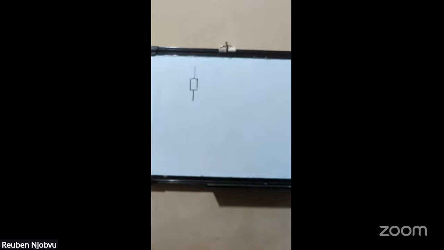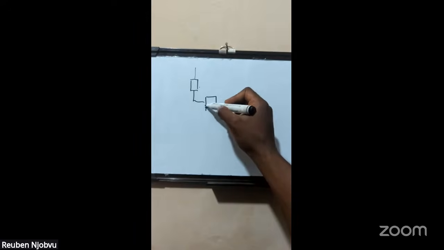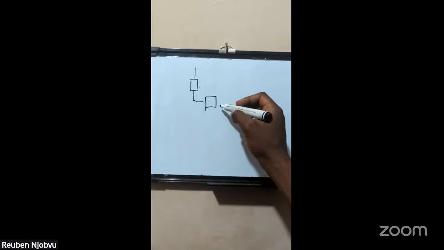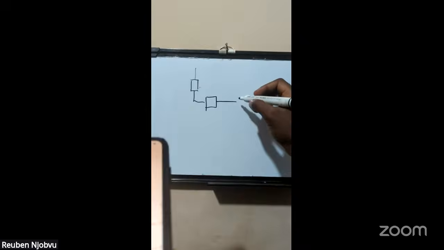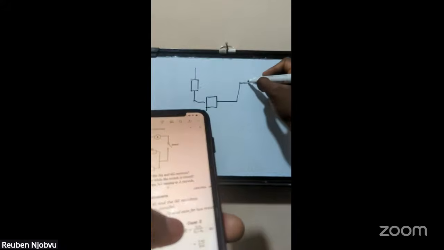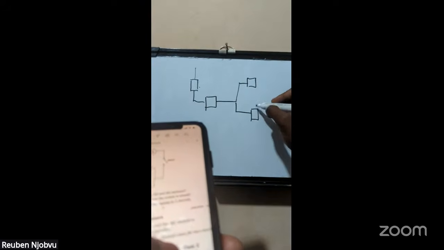So the current that we found at first was 6 amps. But now, according to this question, let me draw it like this. This is your question. The question is now saying that you have 3 here, and you have another one, 6 at this point.